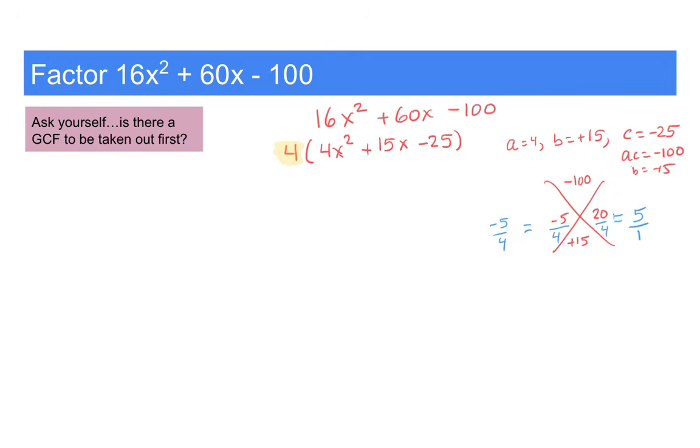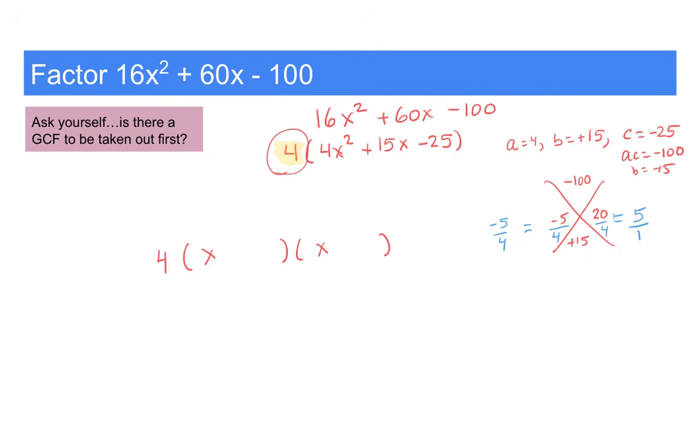Now my next stage is going to be to write out the factors. So first things first, I am not going to forget this 4. So this 4 is coming with me, and now I know I'm going to end up with 2 sets of factors, and the first part is always x.